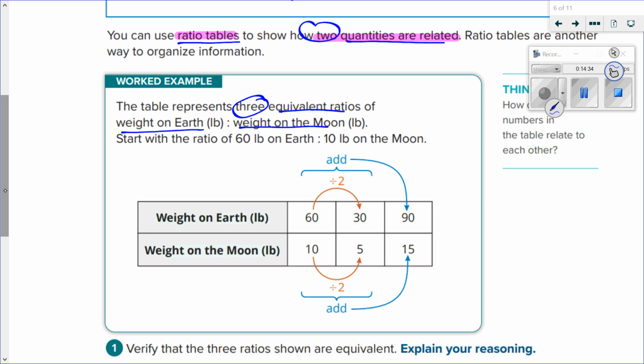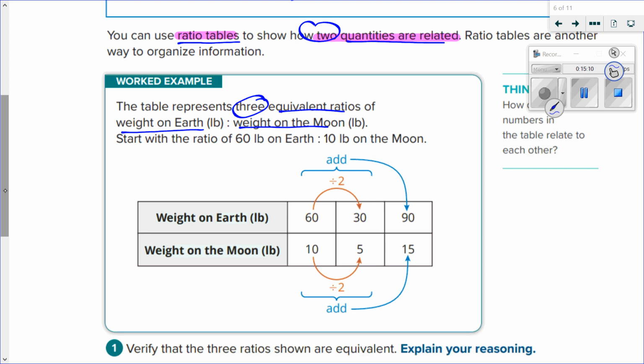So we can say that 30 over 5 is equivalent to 60 over 10. Now, one really cool thing, if I have a ratio table, it gives me an additional option. I can also add pieces of the ratio table together to get a new entry. So if I take 60 plus 30, I would get 90. If I get 10 plus 5, I would get 15. So that would be an additional equivalent ratio. Is everybody okay with that so far?